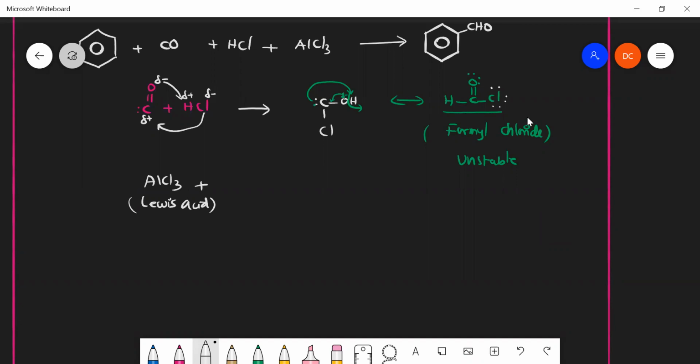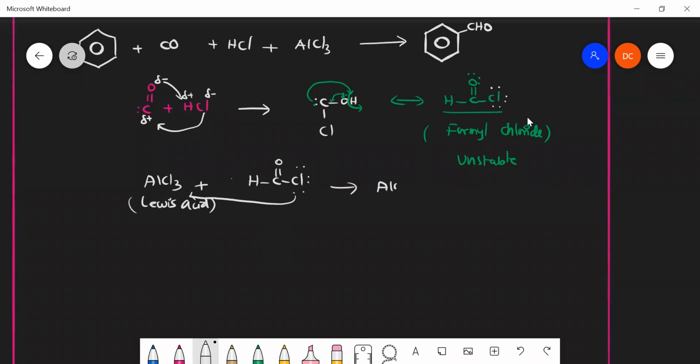Okay, so here AlCl3 will try to accept electrons from HCOCl, H, C double bond O, Cl. The chlorine will donate electron to the AlCl3, and the AlCl3 accepts the electron.